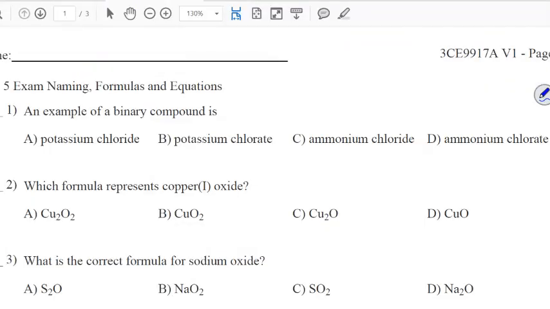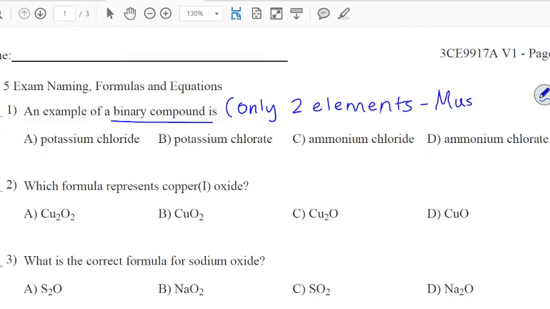So the rest of your test looks like this. This is the front. Number 1, an example of a binary compound, but that means only 2 elements. And the one thing you have to know about binary compounds is they must end in IDE. So if it doesn't end in IDE, like this guy and this guy, it can't be a binary compound.